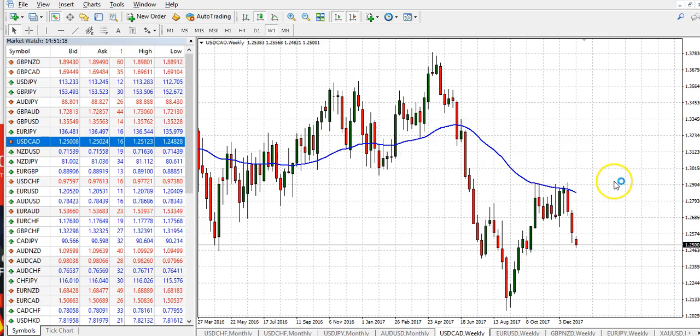Now, remember, you don't have to trade today. It's your decision. If you're not prepared, if you're already in a position, the idea will be to move your stop loss to break even, protect yourself at all times. If not, and you do need to participate in this news release, pay attention to what is happening. We are in a bearish trend.